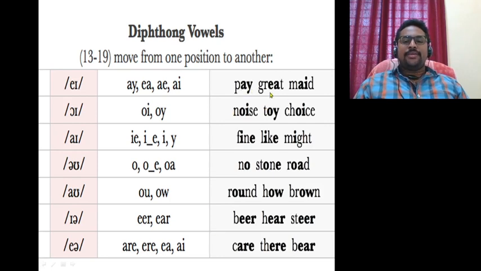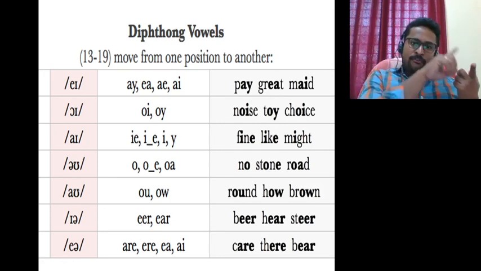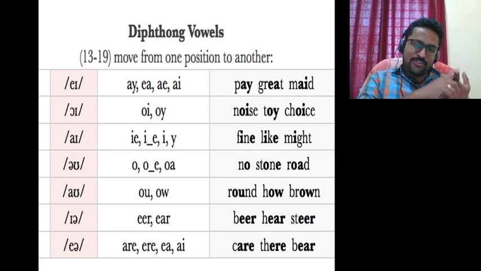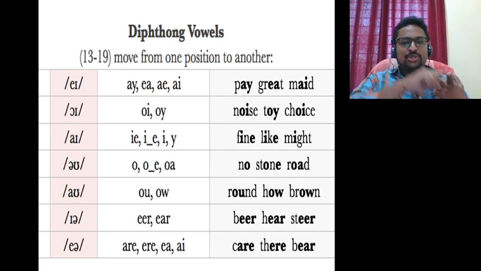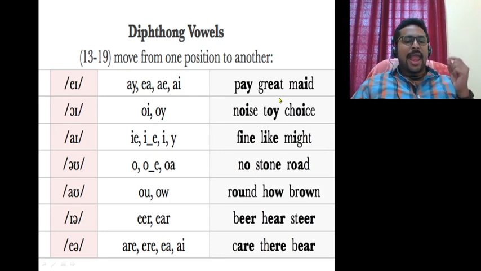Pay, great, made, make, ape. The sound is beginning at the part of A, and in received pronunciation, it is gliding from A to E. Two sounds are coming together, that's why ape.